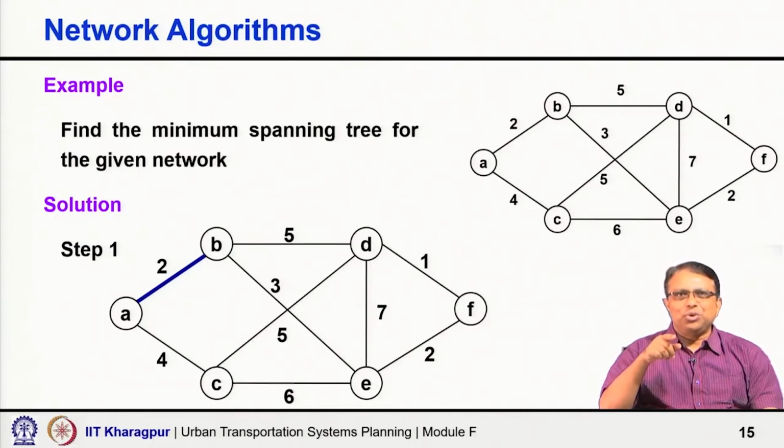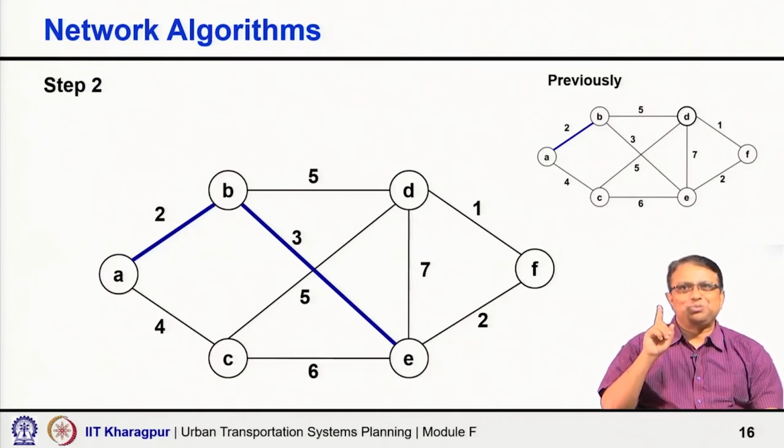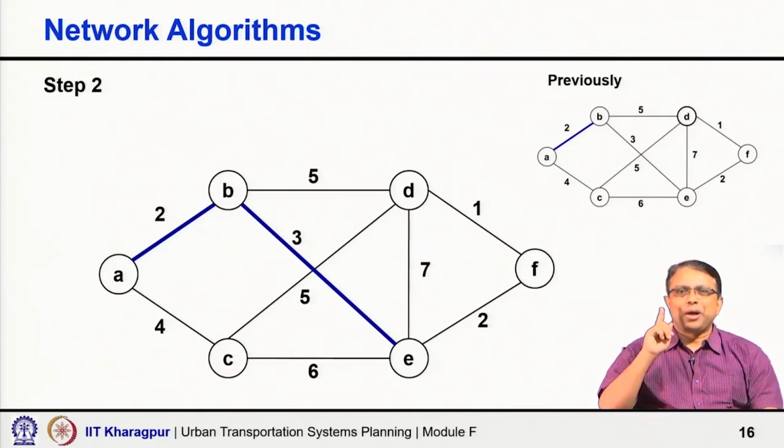A C 4, B E 3, B D 5. Which one is the minimum? B E with a cost of 3. Now, I connect that. And again I am checking that I cannot form a loop or a cycle, that you have to check continuously.